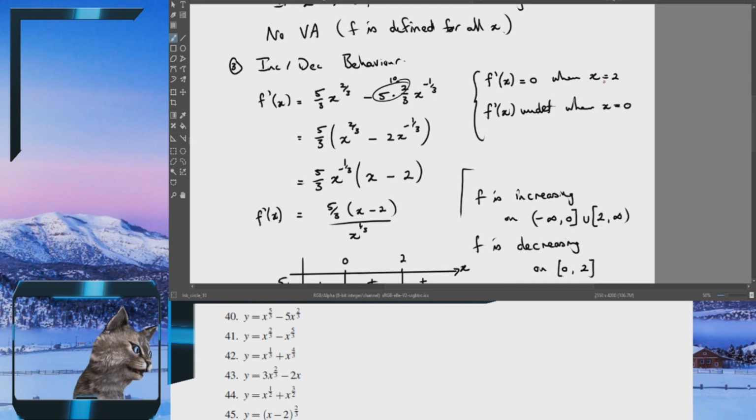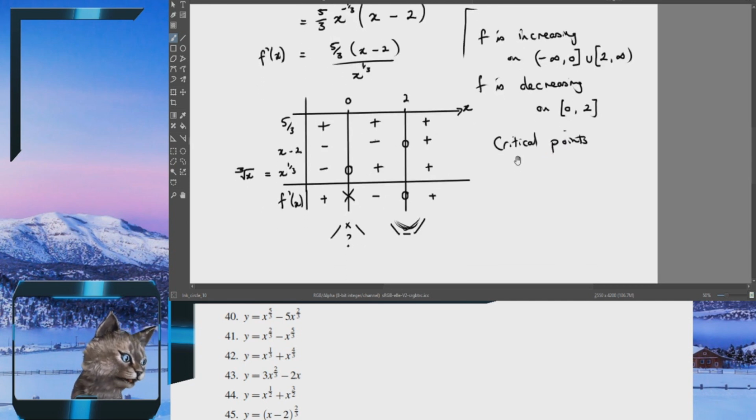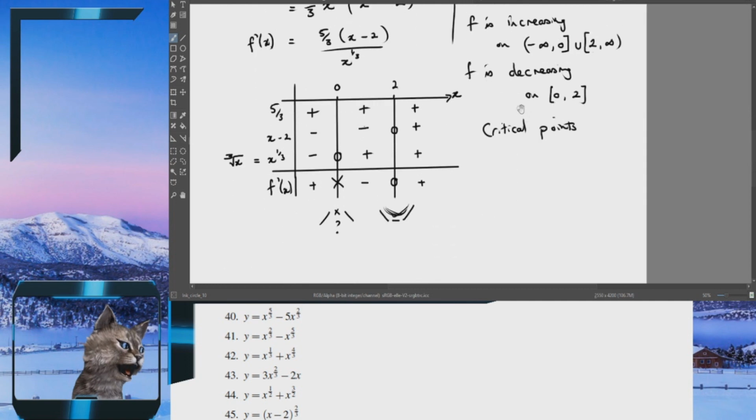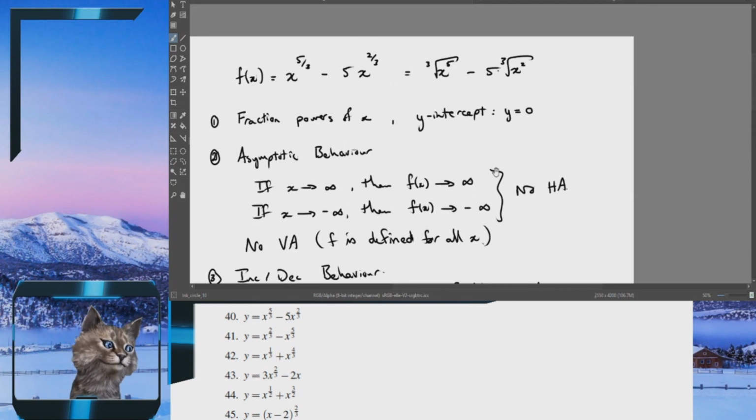Are these critical points? The requirement is critical points come out of this derivative check, and the function has to be defined there. So yes, they are. 0, 0, we've already found was our y-intercept, right?